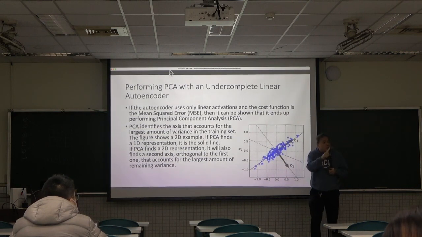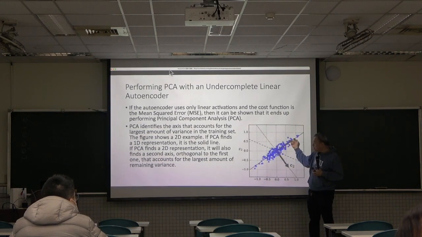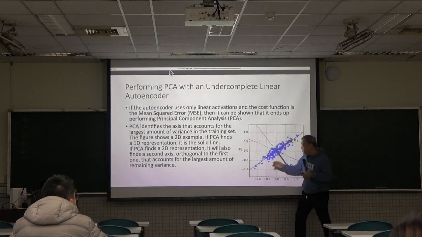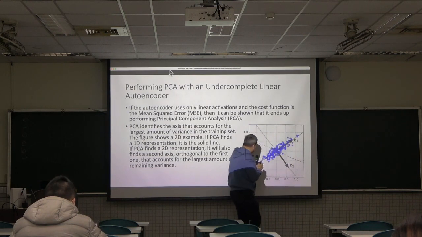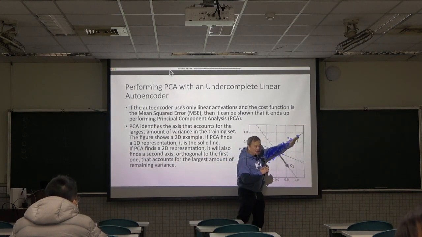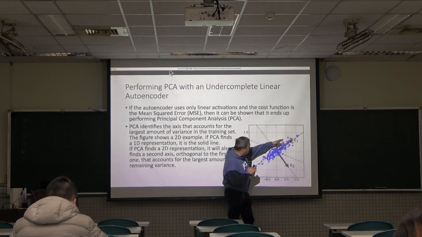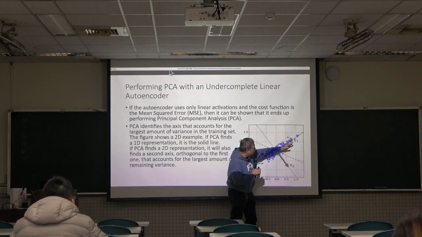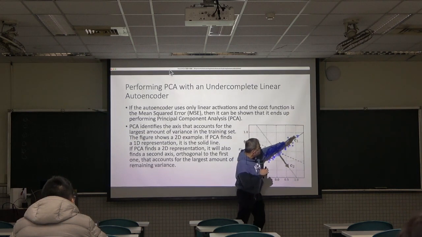So if you want to reduce these 2-dimensional points into 1 dimension, then you are going to take this dimension. What do I mean by take this 1 dimension? I mean this is going to be your space, and all these points will be projected to this line.